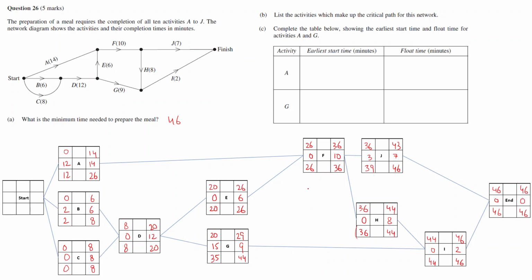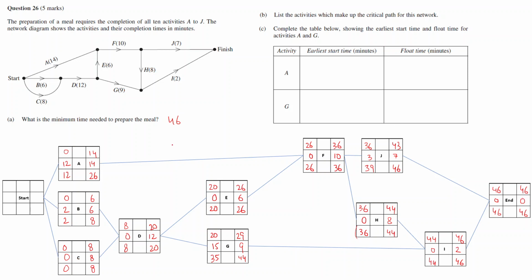Now what this does is it helps you to make up the critical path. Critical path is the one where this float is 0. So those are activities that if you delay them any further, the whole process will be delayed. So these are the critical activities. In this case, look for the activities that have 0 in the float.